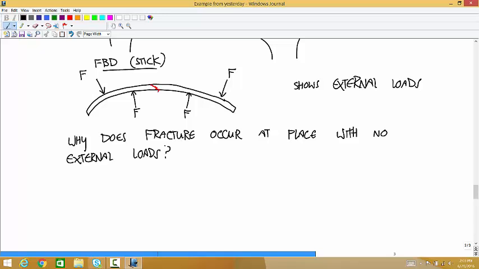And the answer is, just because there's no external loads doesn't mean that there's no important loads happening to this material. The fracture happens at a place where there are big internal loads happening.